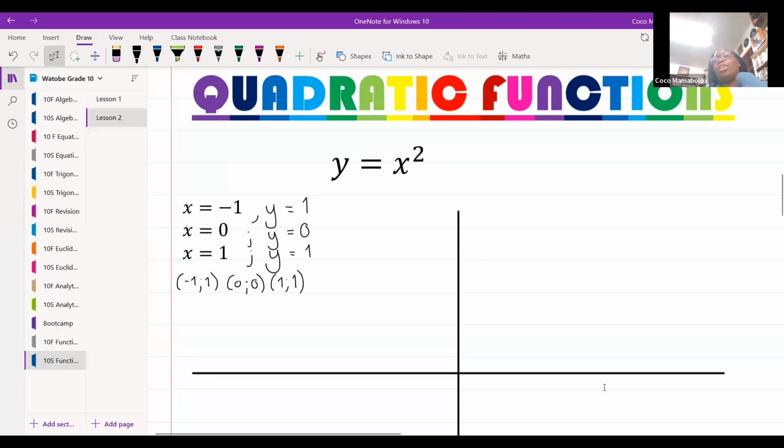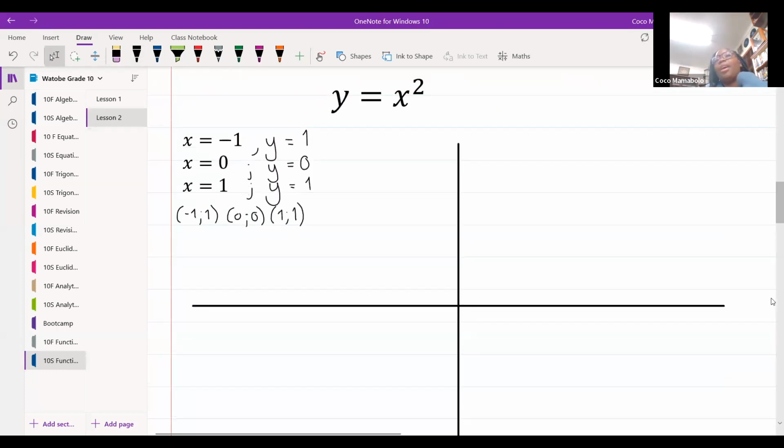Now, if we had to plot these on our Cartesian plane, I'm going to use a nice color, we would get (0, 0), because that's the origin. I haven't even written anything on the screen, and Zara's already saying, oh, 1 and -1 over here, and then 1 over there.